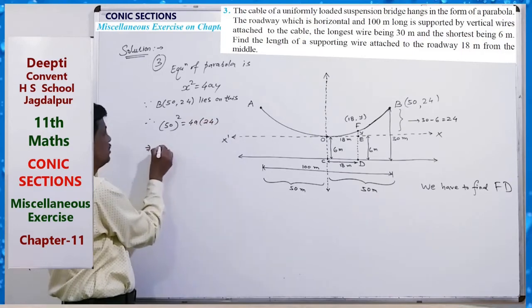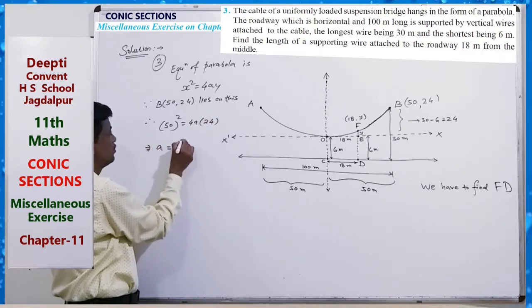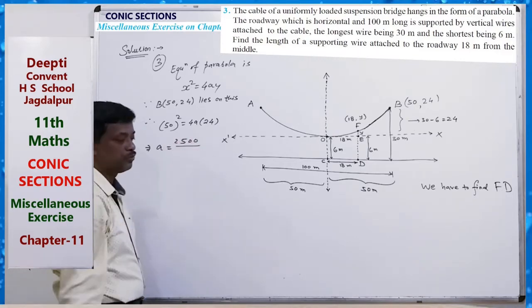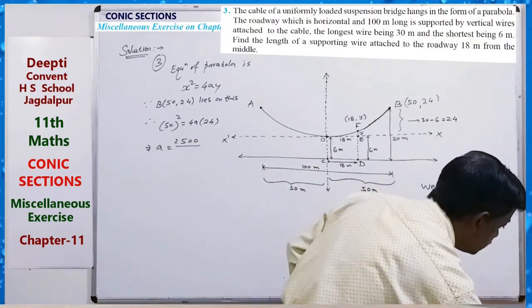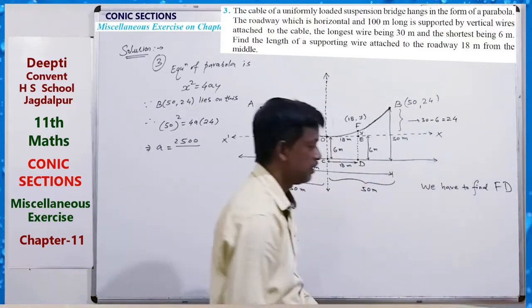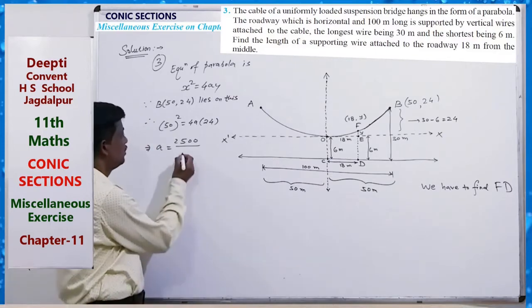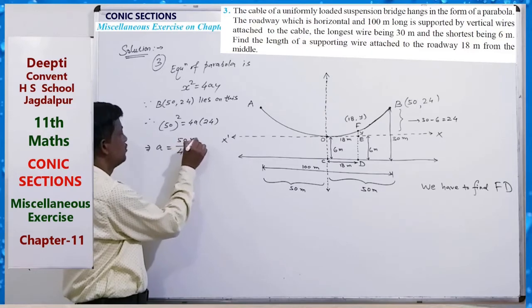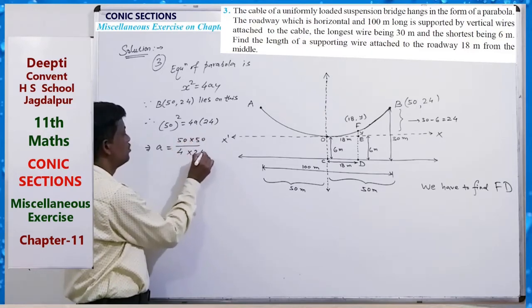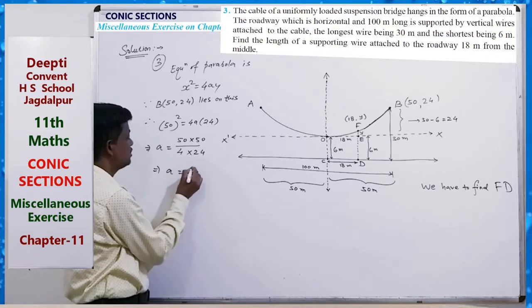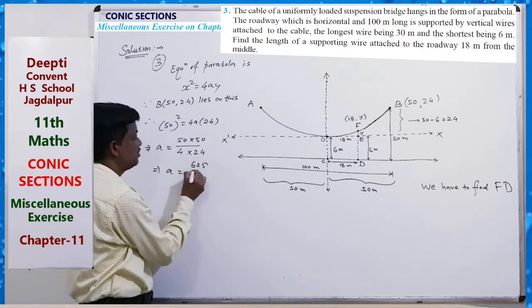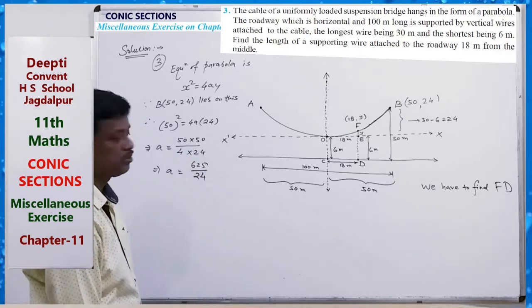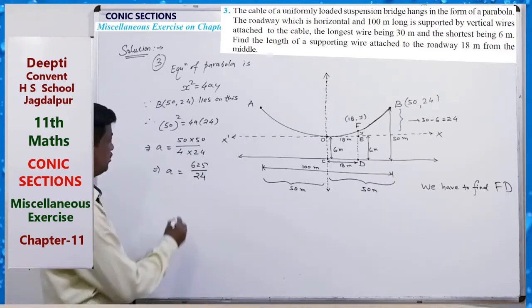So a equals 50 into 50 upon 4 into 24. By solving you can write this as 625 by 24. A is found.